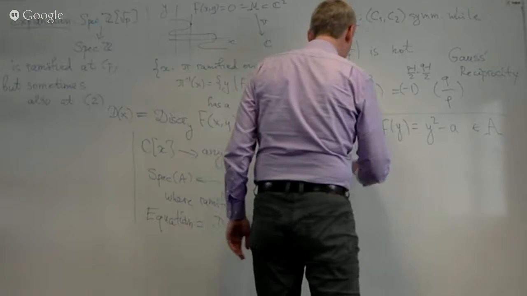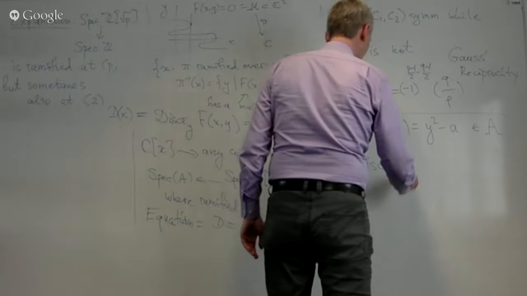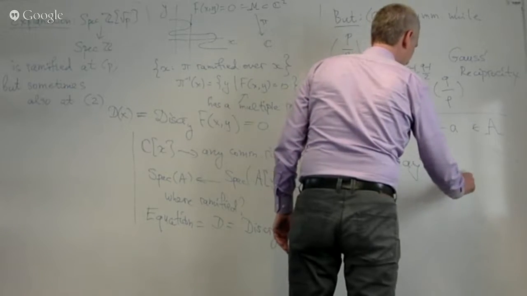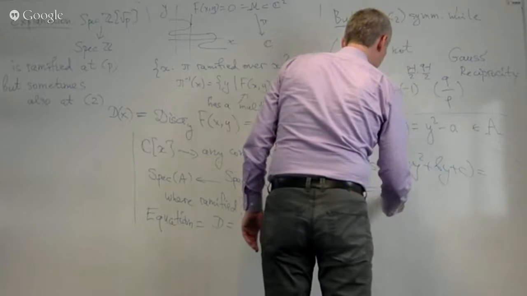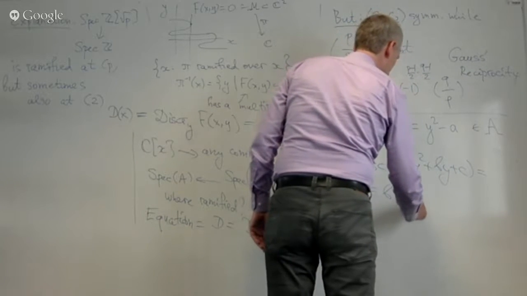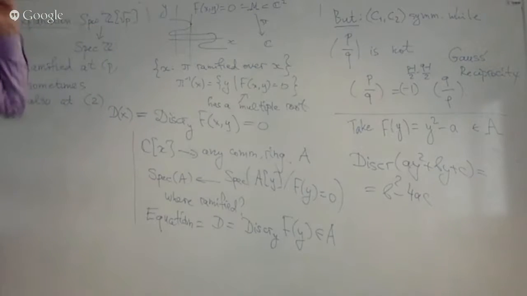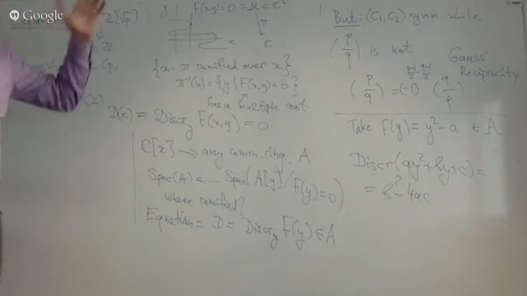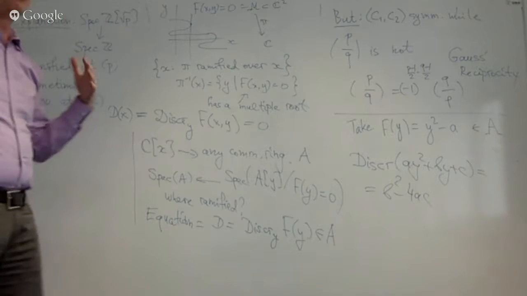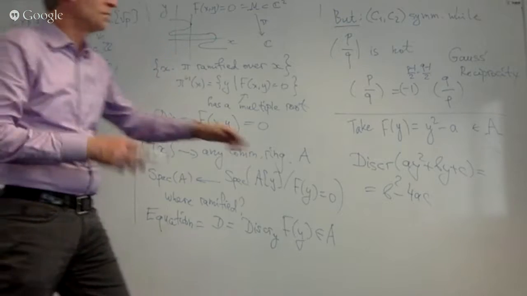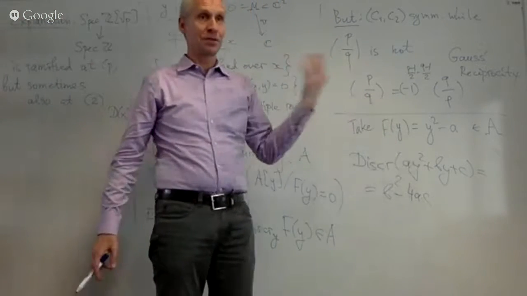So the discriminant of, let's say, ay squared plus by plus c equals b squared minus 4ac. When we work modulo 2, then the 2 can sort of move into our face, because the divisors of those coefficients become important.